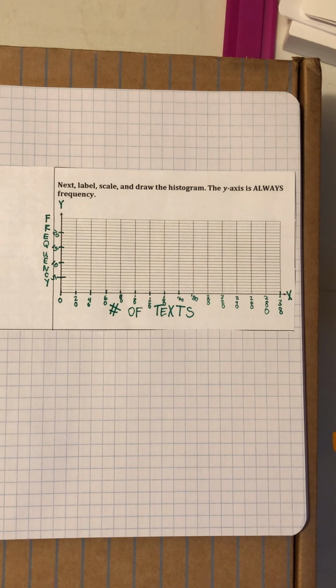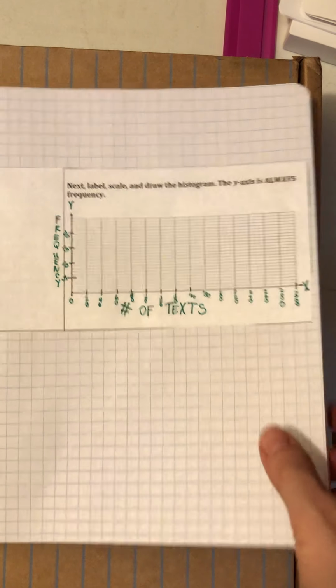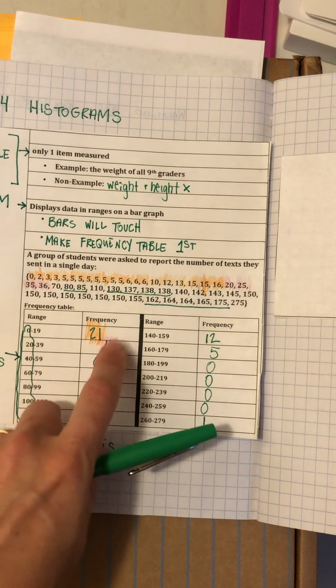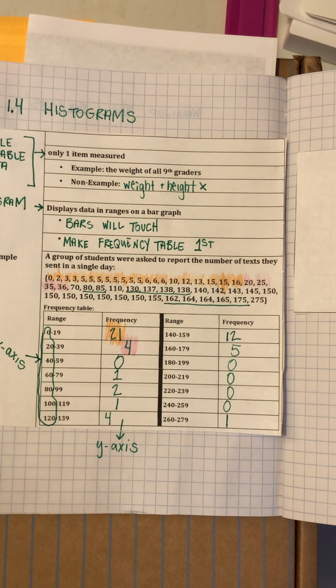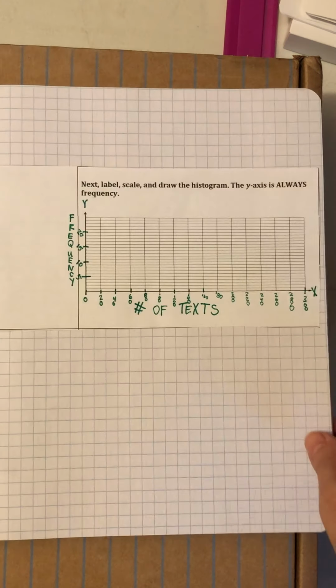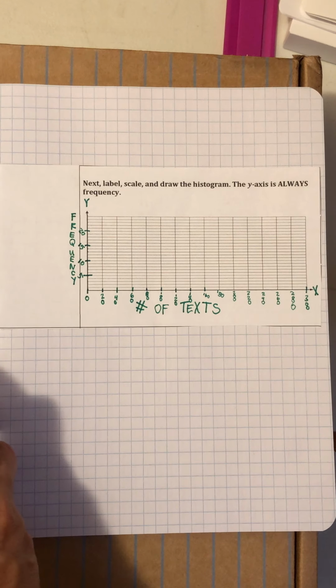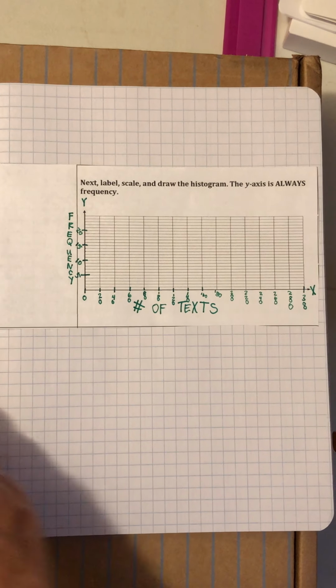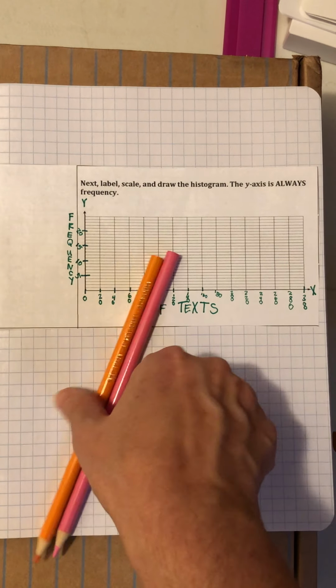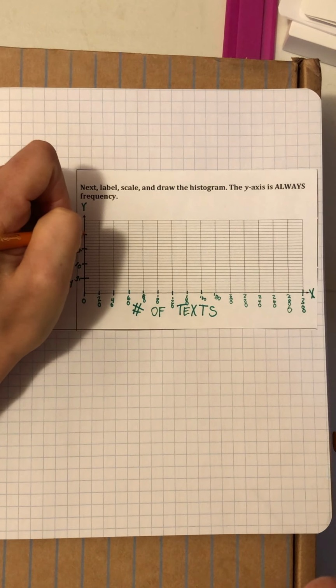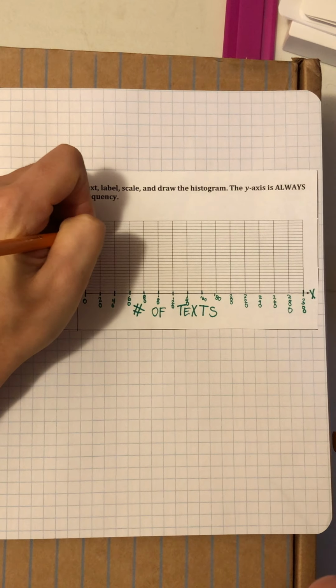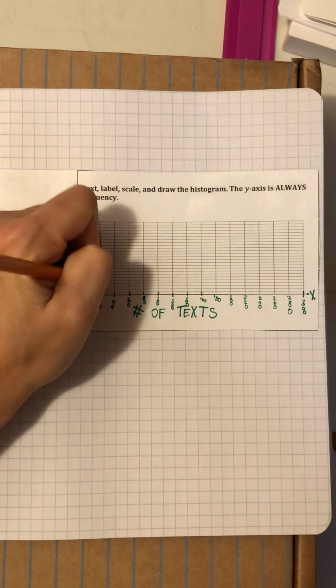So now I'm just reading my frequency chart and filling in the rest. So from 0 to 19, I have 21. So I'm also going to make that orange just so you can see that. And I'm going to actually have some fun with it and go orange and pink, because why not? So for that one, it's orange because I colored it orange. And I'm just going to go one space above 21. And again, they touch, so you want to go all the way here.